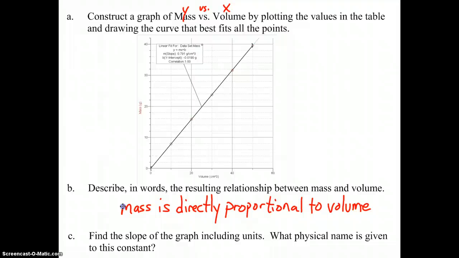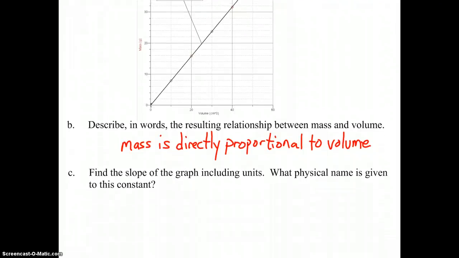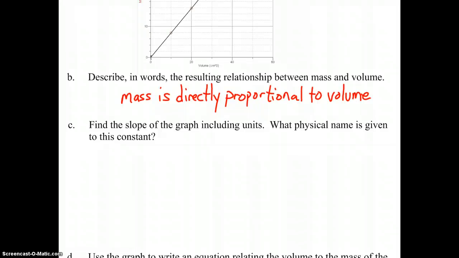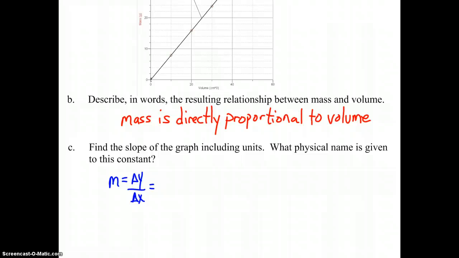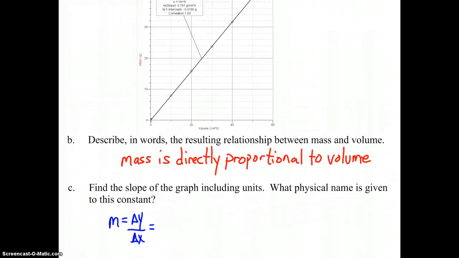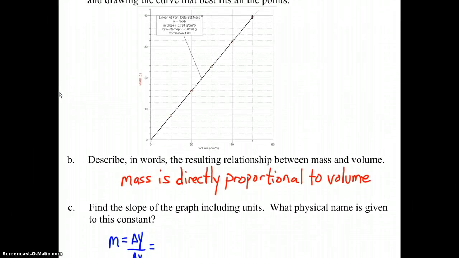But just to review how this is done, a slope, let me scroll down here, we're going to be scrolling back and forth here. A slope, M, is change in y over change in x. And so we need to have a final value for our y and an initial value for our y and x values both. And so we go back up here to the graph, and we're looking for spots on the graph that intersect the grid pattern.